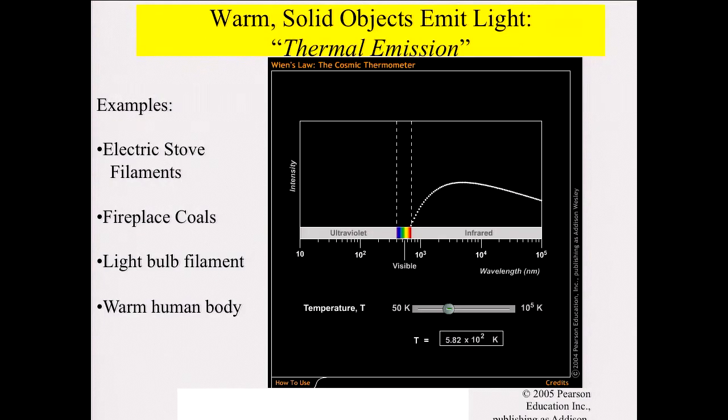All of your life, you're emitting energy, photons, albeit infrared photons. And part of the reason you have to eat breakfast, lunch, and dinner is that your body is emitting energy, and so you have to eat to take in energy so that your body can continue to be warm, and of course it loses energy by this thermal emission.